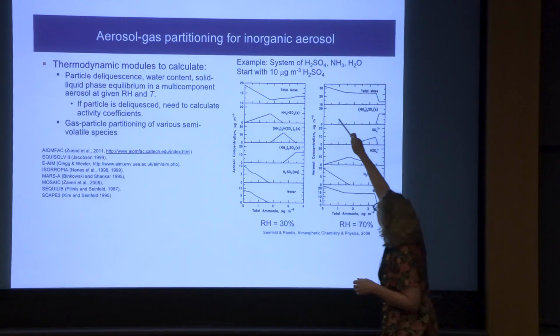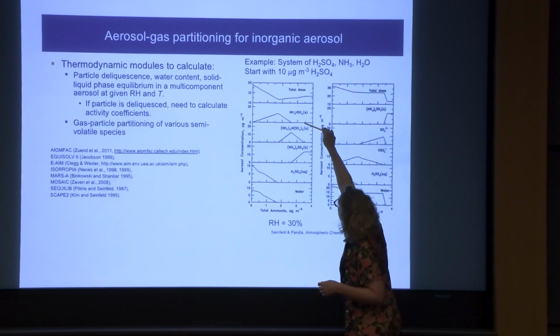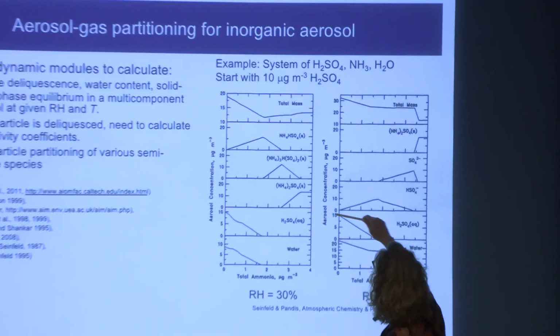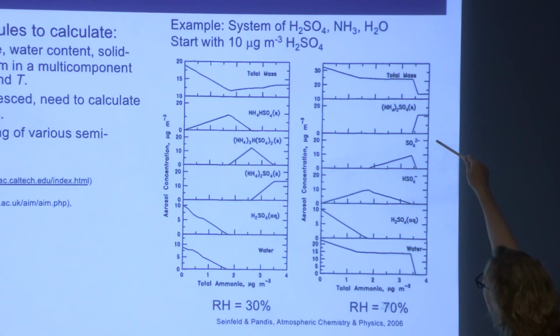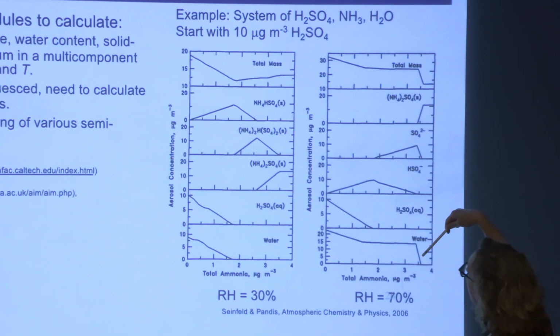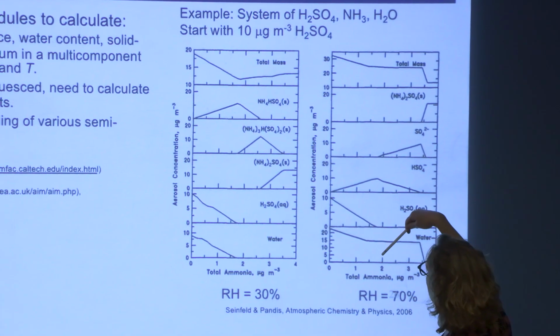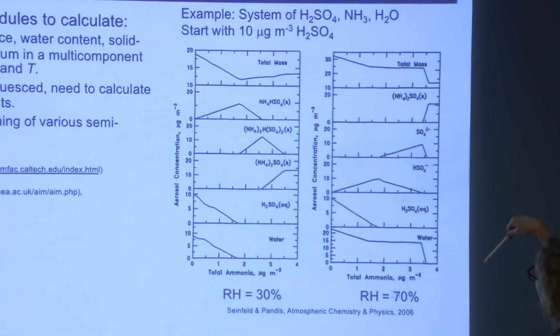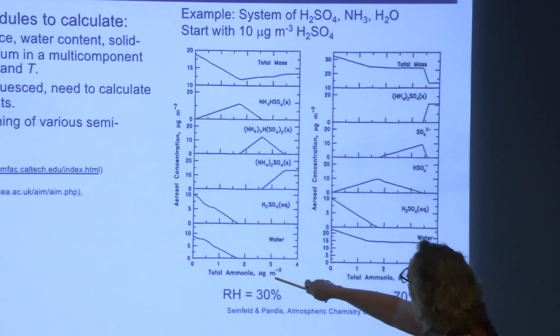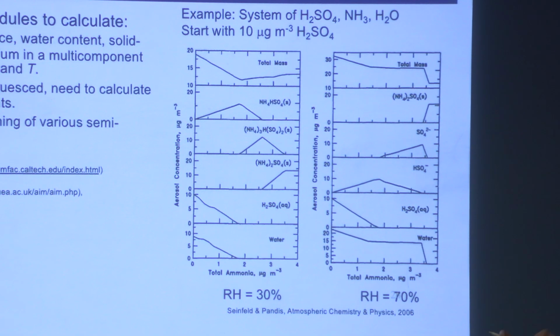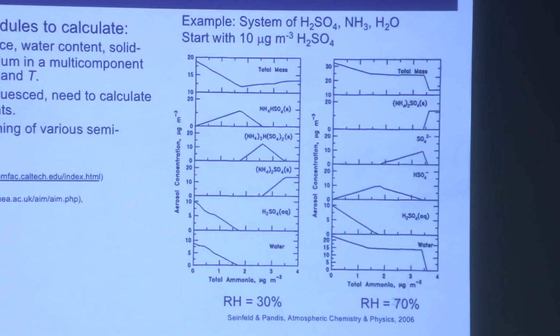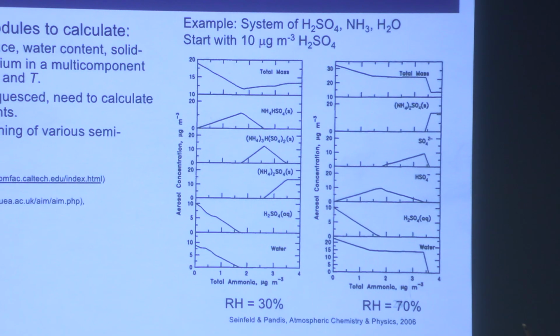So on the top, you have the total mass, and then it's split up in the different components that can form in your aerosol. And it doesn't show, here's the total ammonia. Total ammonia is the sum of ammonia in the gas phase and ammonium in the aerosol phase, right?